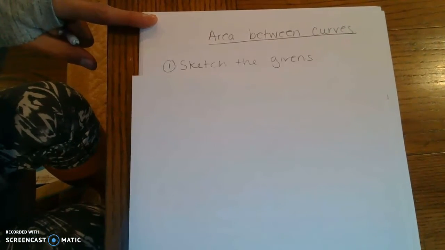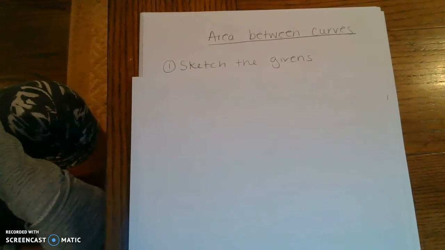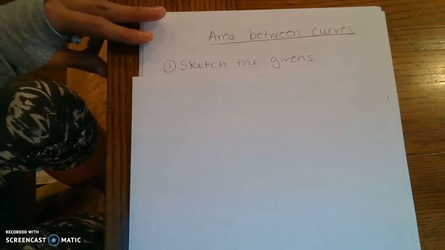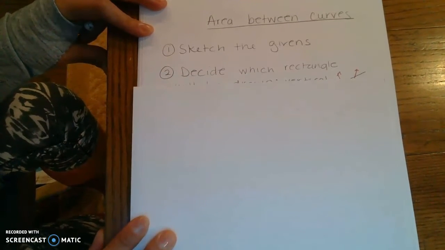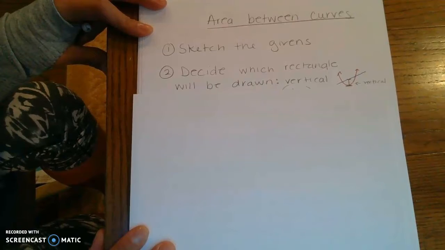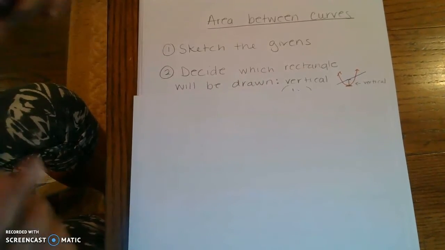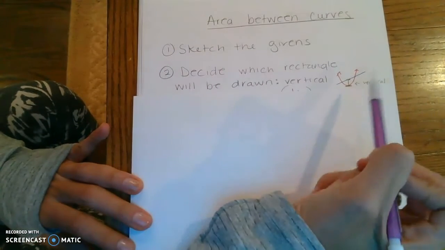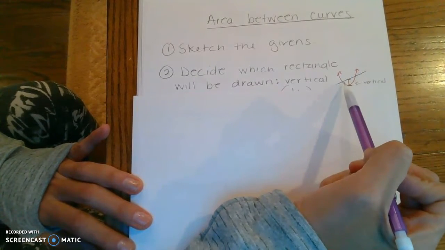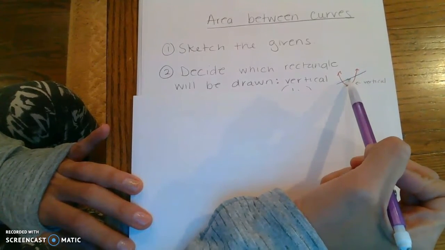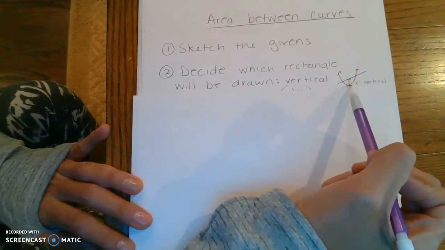So area between the curves, the first thing that I've always said is, number one, you want to sketch the givens. Number two, you want to decide which rectangles will be drawn. If it's going to be a vertical rectangle, your function will look something like this, where you have one curve and another curve that bound each other, and you're able to draw this vertical rectangle that you see here.